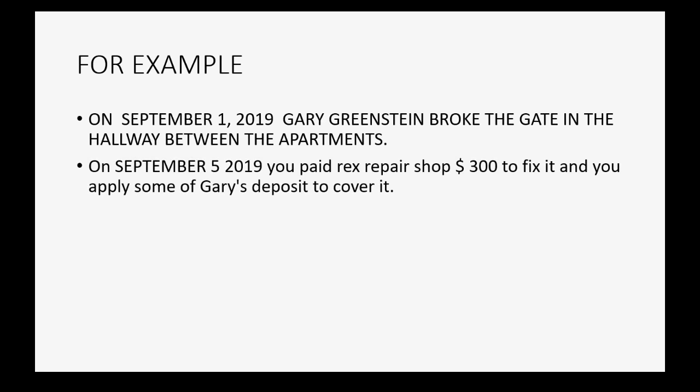Now, here's our example. Let's imagine on September 1 of 2019, Gary Greenstein broke the gate in the hallway between the apartments. On September 5th, 2019, you paid Rex Repair Shop $300 to fix it, and you apply some of Gary's deposit to cover it. So what will happen in the trial balance if you do that?